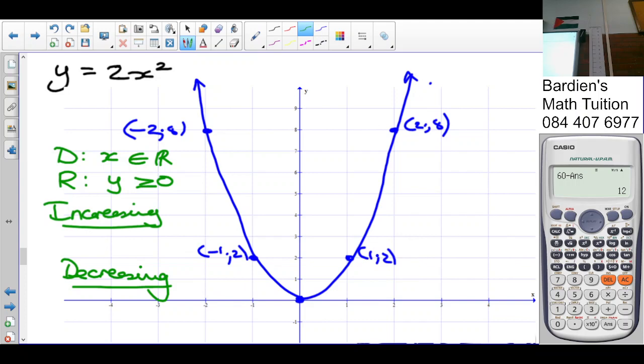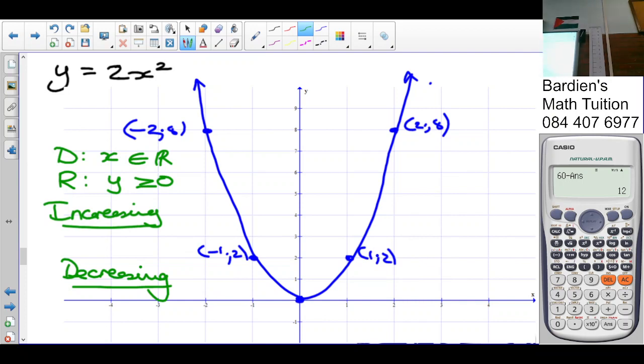Whenever reading increasing or decreasing, we read from left to right. So when we look at where the graph is increasing, we read from left to right. So as x increases, that's the thing you must consider. As x increases, what happens to the graph?